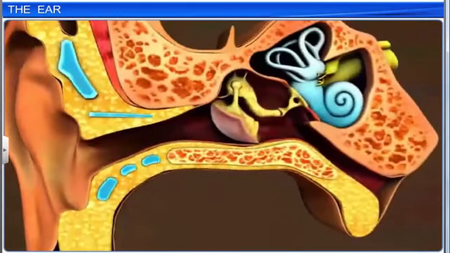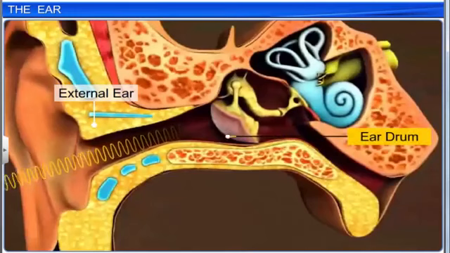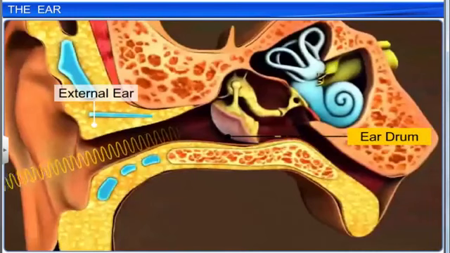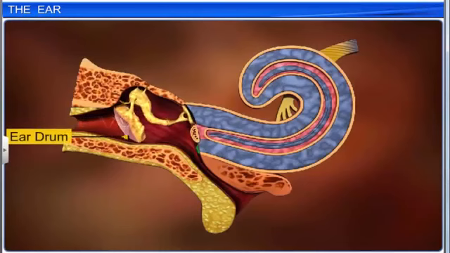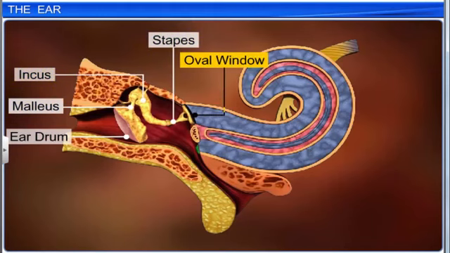Now we'll see how the ears enable us to perceive sounds. The external ear receives sound waves and directs them to the eardrum. The eardrum vibrates in response to sound waves and transmits them through the ear ossicles, the malleus, incus and stapes to the oval window.